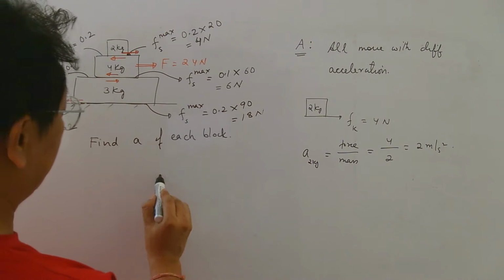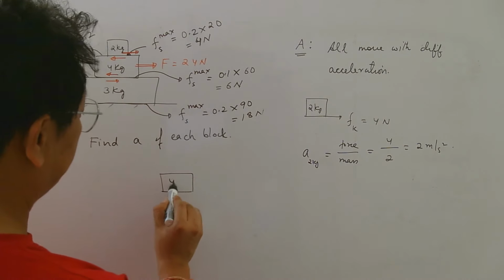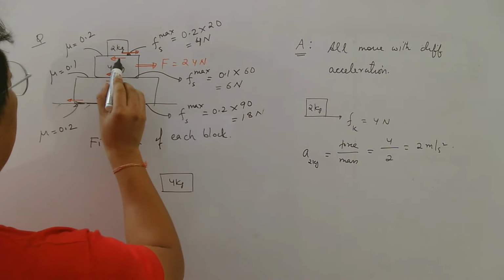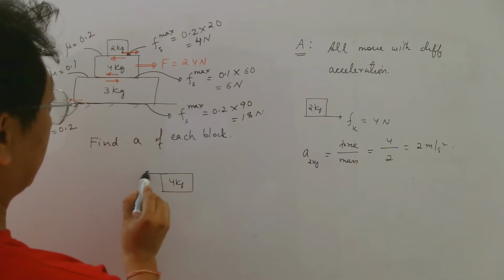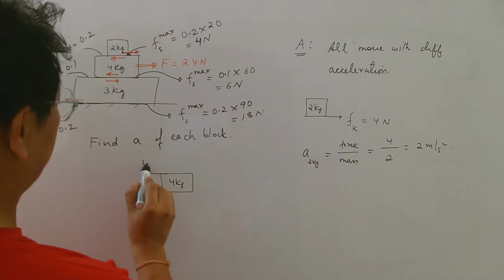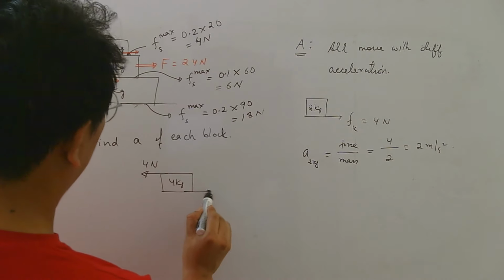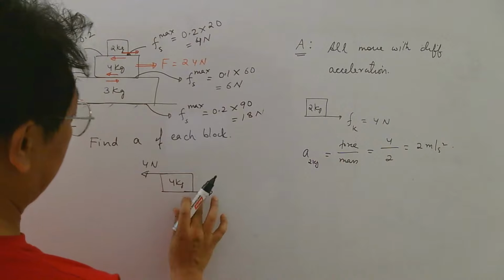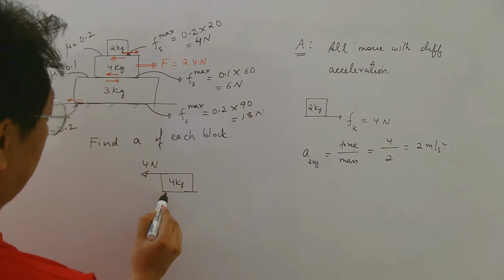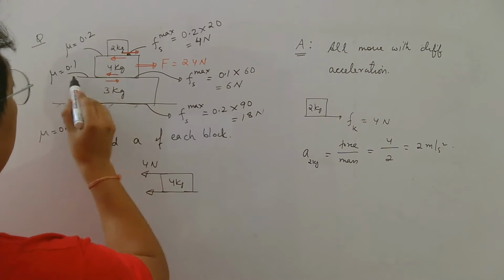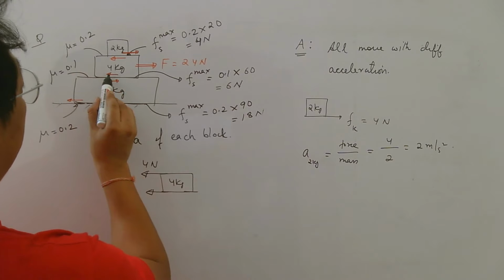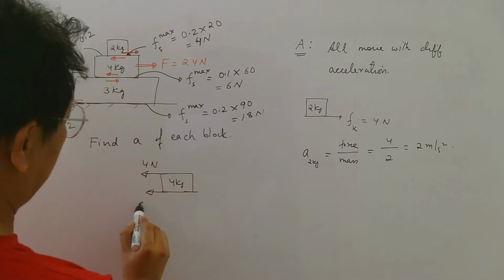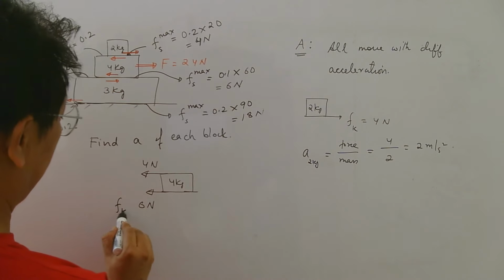Now for 4 kg block you see. Here friction is kinetic, which is reaction of this 4 Newton. And here friction is also kinetic. This is also kinetic here, right? You can see that kinetic friction here, this one is 6 Newton. This is also kinetic.